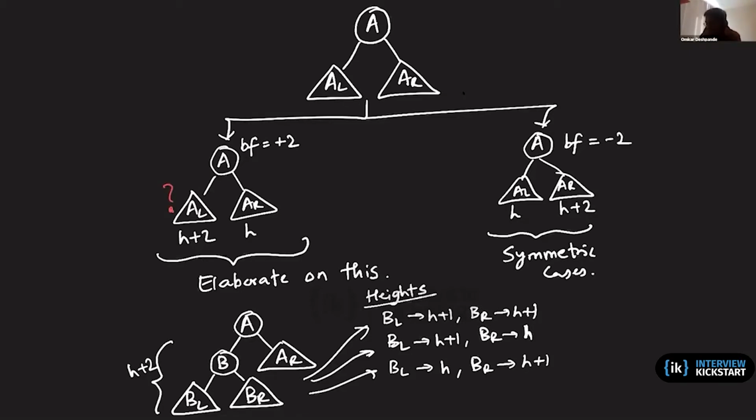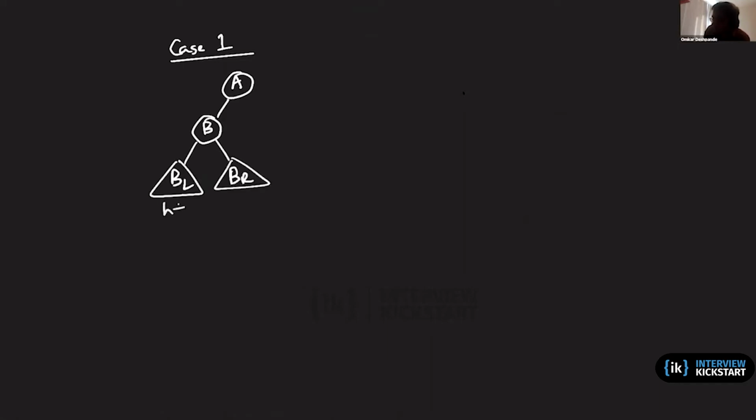So you have to unpack these three cases. So let's look at the first case. Let's say the height in both cases was h+1. So case 1, B sub L and B sub R are both h+1, and this is A sub R, which is of height h.